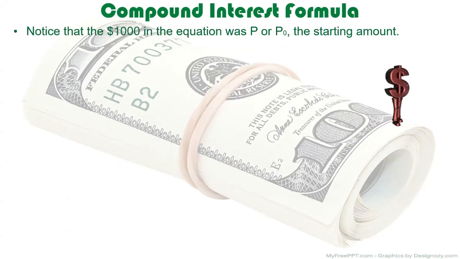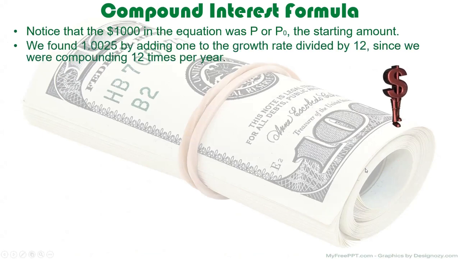So we can generalize this into what we'll call a compound interest formula. Notice that $1,000 in the equation was P or P0, the starting amount or principal, as I called it. We found 1.0025 by adding the growth divided by 12, since we compounded 12 times a year. That was in our earlier problem.